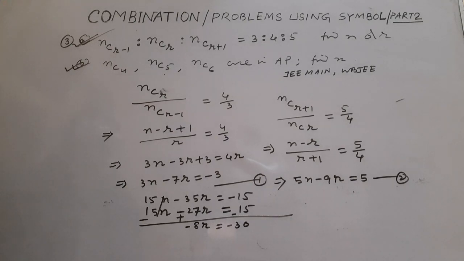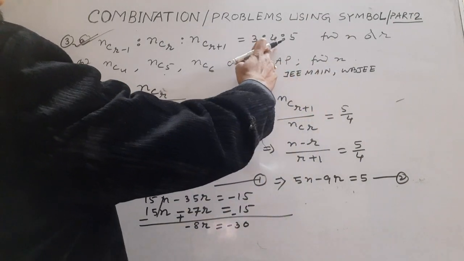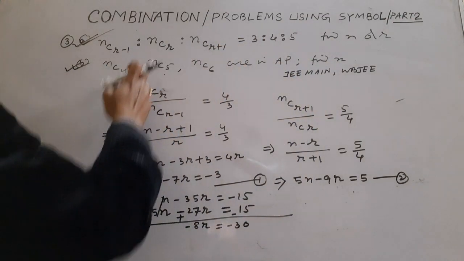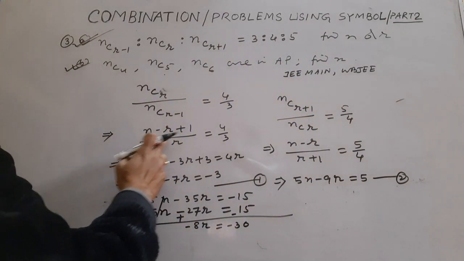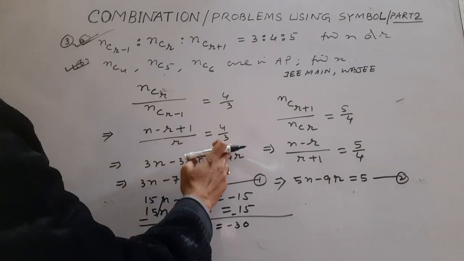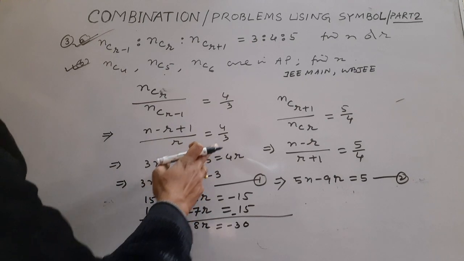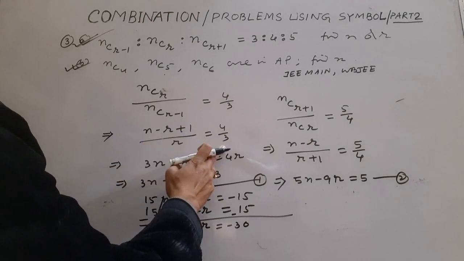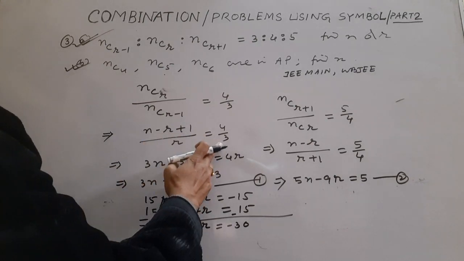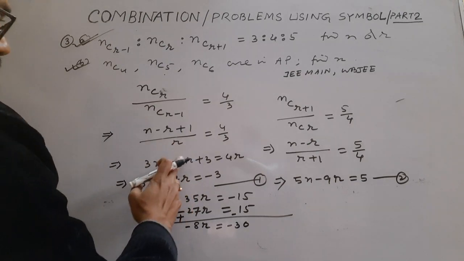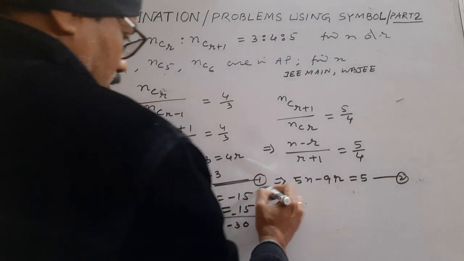So 3 is to 4 is to 5. So this is 4 by 3. nCr, (n minus r plus 1) by r equals 4 by 3. So 3n minus 3r, so 3n minus 7r equals minus 3. So this is equation 1.